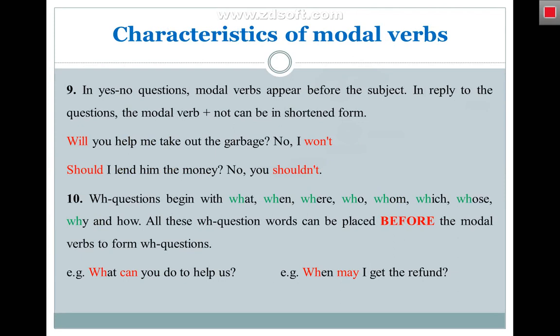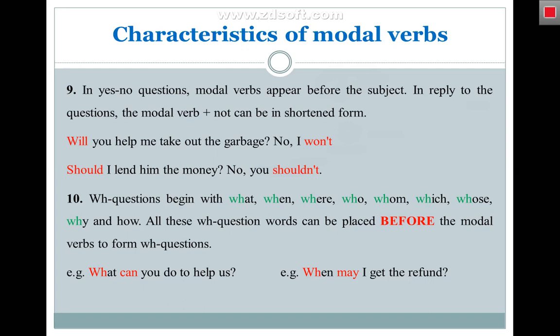Nine and ten. Nine: in yes/no questions, modal verbs appear before the subject. For example, "I will help you": to turn it into a question, you just bring will before the subject.